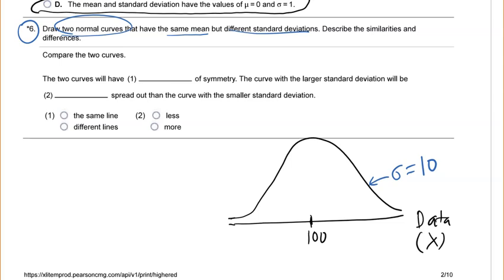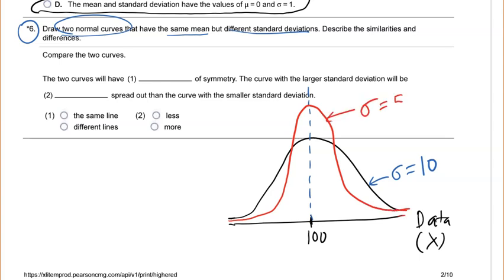But if you draw another curve with the same mean but different standard deviation, let's say drawn with the red color here, it looks like this. That's the same mean but the standard deviation is 5. And what happens is, as you have a larger standard deviation, which is the black curve here, it spreads out more. Therefore, you can notice in these two curves that the larger standard deviation is spread out more compared to the smaller standard deviation with the same mean.